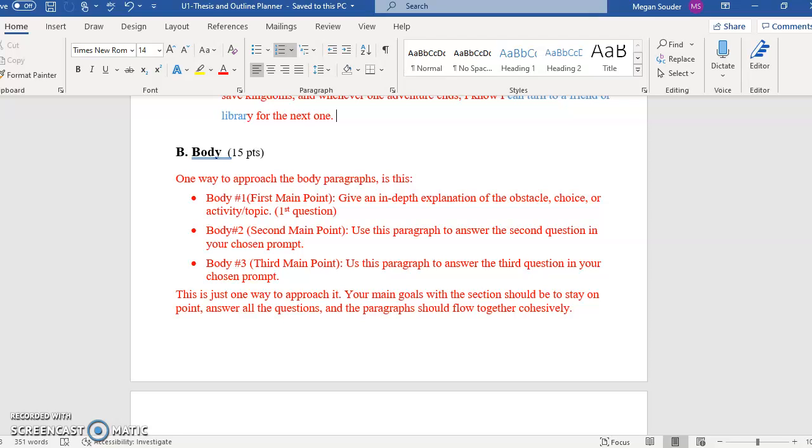I know in prompt 1, it's the lesson you learned. 2 is if you'll do it again. And 3 is where you go, or who do you go to when you want to learn more about your activity or topic. You want to make sure that you are staying on point, that all questions are answered from your prompt, and the paragraphs flow together cohesively.